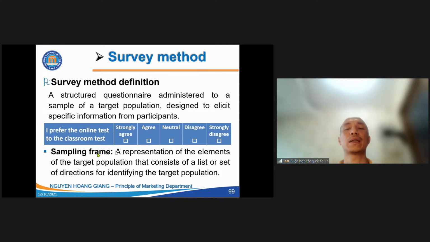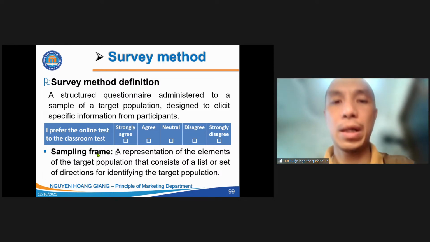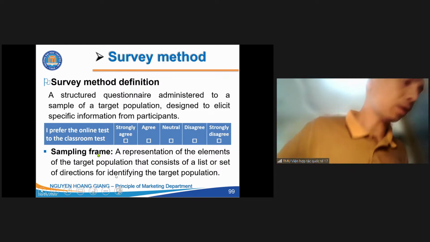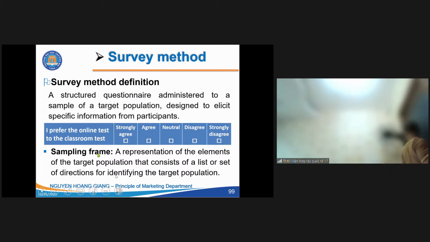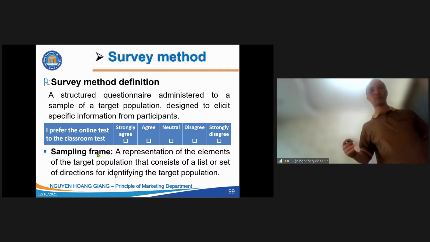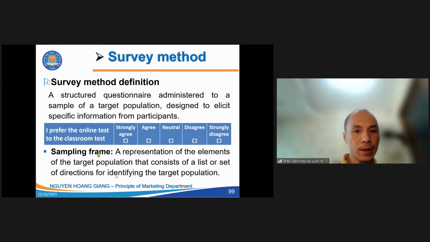Here you can see the middle, essentially the neutral.